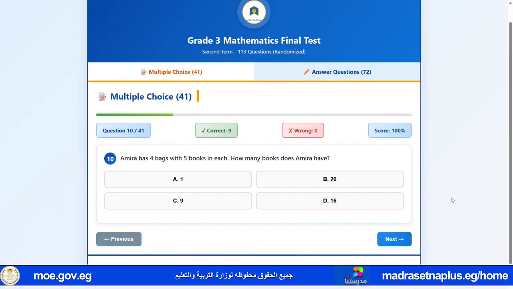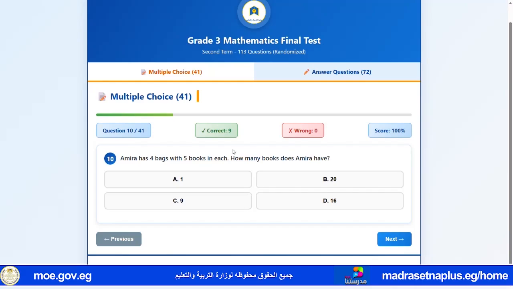Next, Amira has 4 bags with 5 bucks in each. So how many bucks does Amira have? That means what? Times, add, subtract, or divide. You might get 5 minus 4, it will be 1. But that is not right. We have 4 bags. This means we repeat for one bag, and another one. 4 bags beside each other.